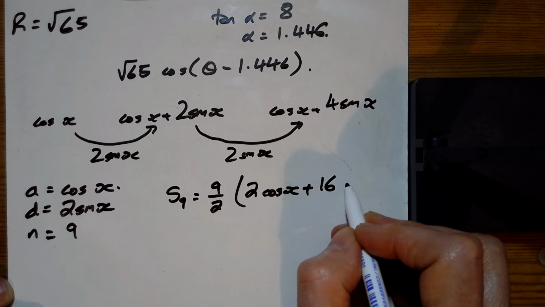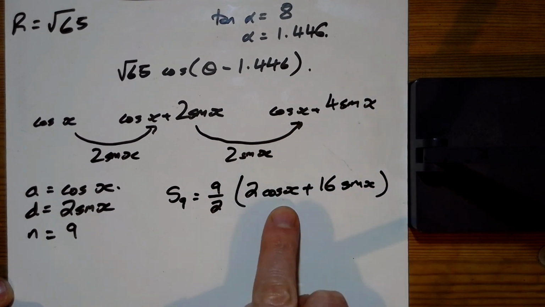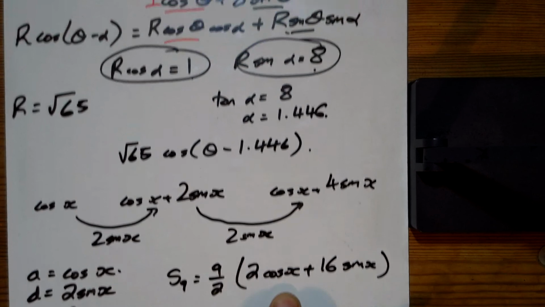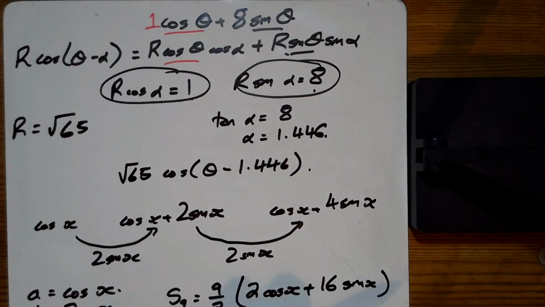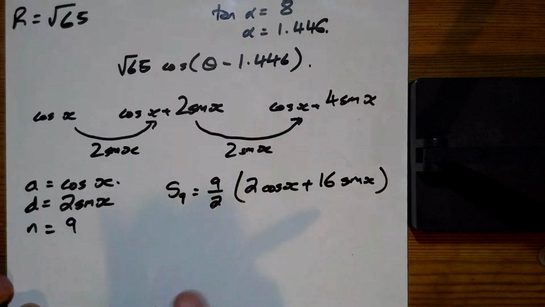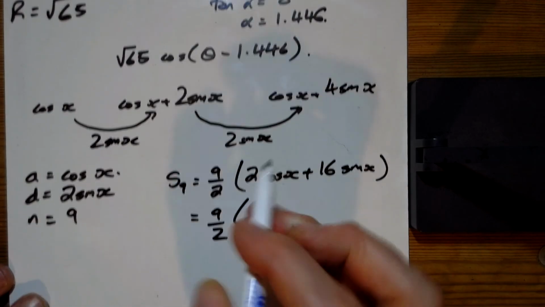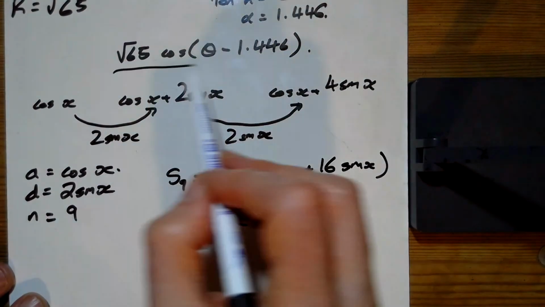16 sin x's. Now last time this was identical to what we'd done earlier up here. This time it's not. This time we've got a 16 where the 8 was, and we've got a 2 where the 1 was. So this time we've got 2 lots of... And I'm not going to write out that thing there. We're going to look at this one here.